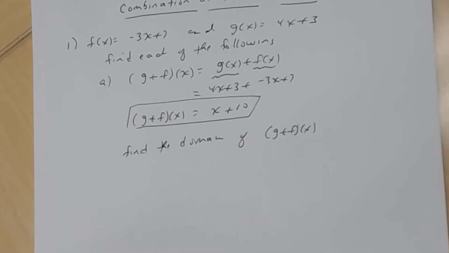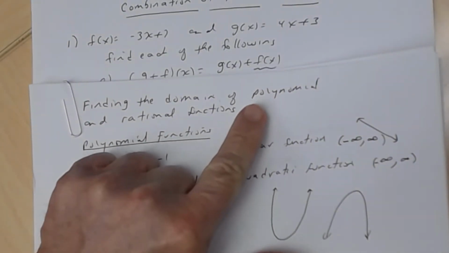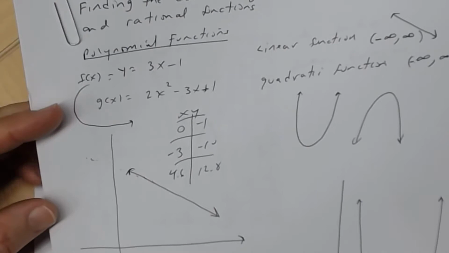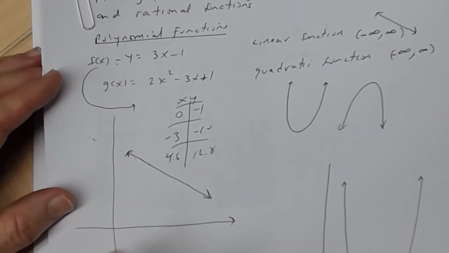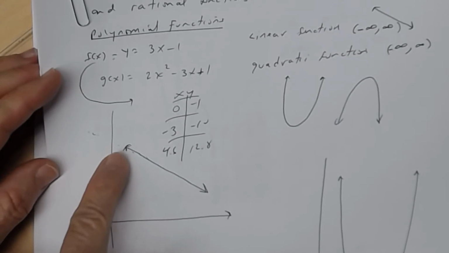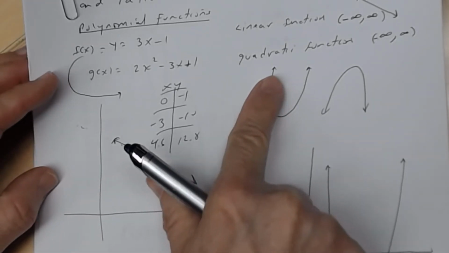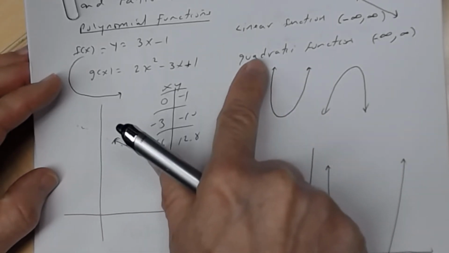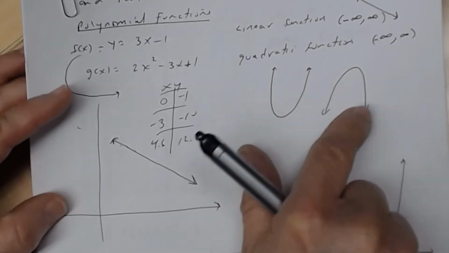Remember, in the previous lesson we talked about polynomial functions. The ones we looked at were lines and quadratic functions, where the parabola either went up or down.